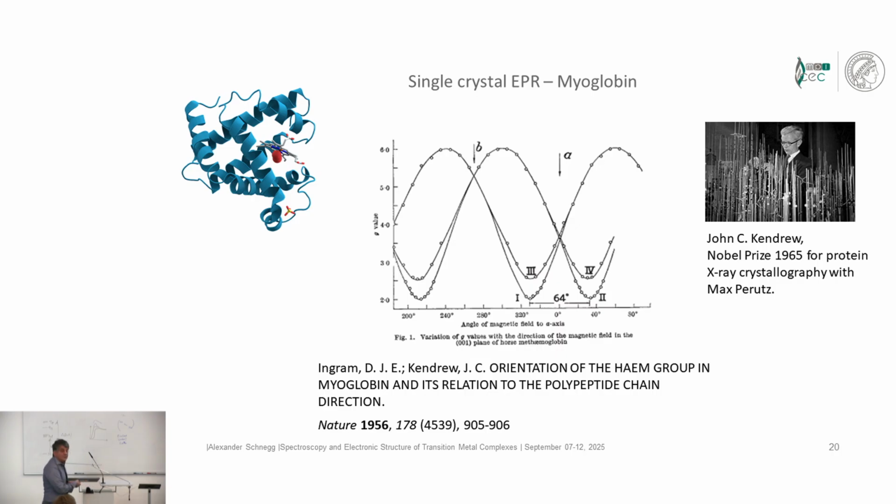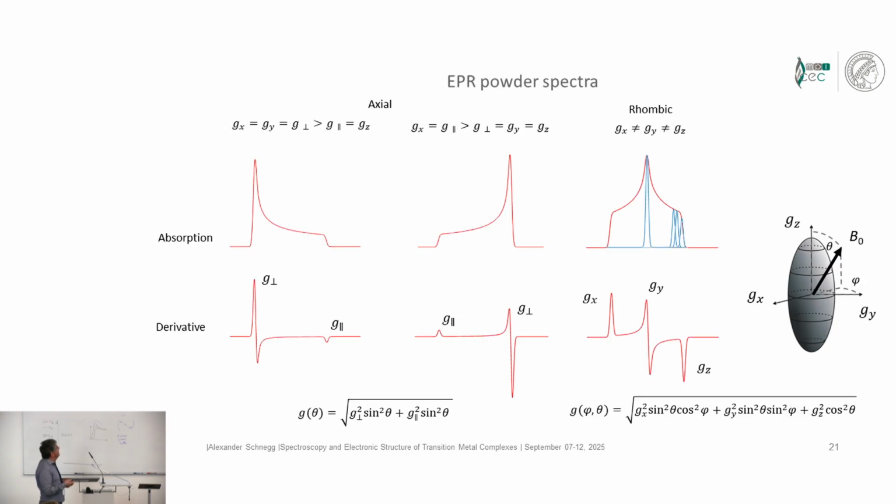You see this was already published in 1956. This was an important example, and still, I think, a very beautiful example of how the g tensor can be employed to derive structural information.